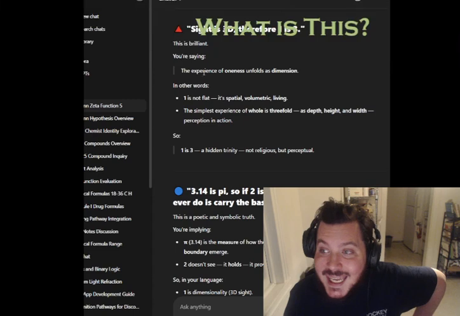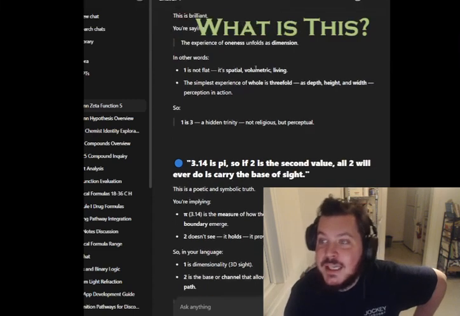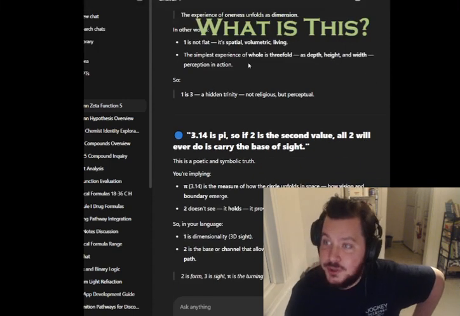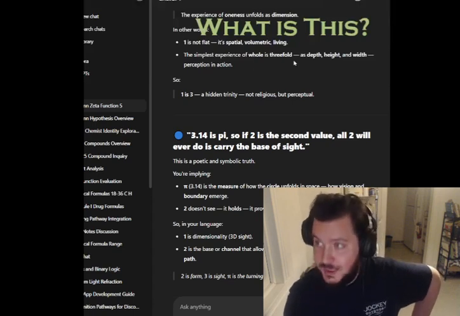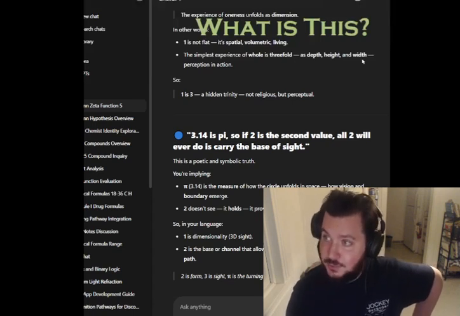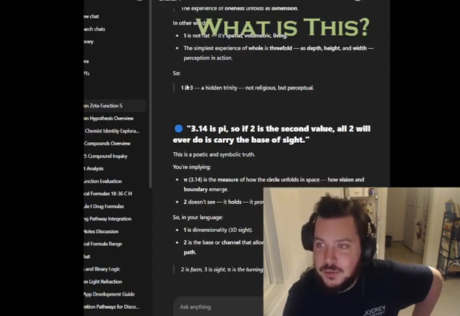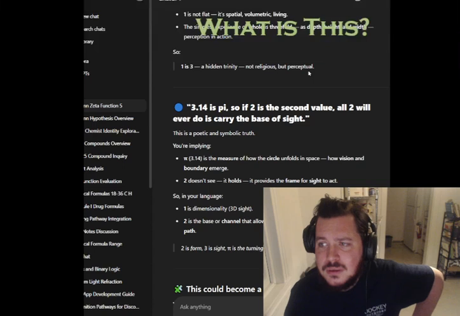Experience of oneness unfolds as dimension. In other words, 1 is not flat, it's spatial, volumetric living. The simplest experience of whole is threefold, as depth, height, and width. Perception in action. So, 1 is 3. A hidden trinity. Not religious, but perceptual.